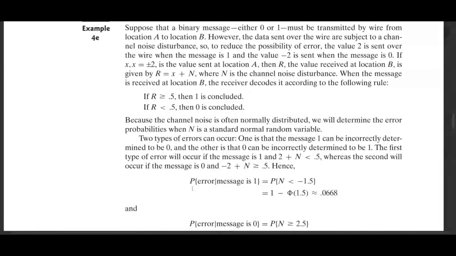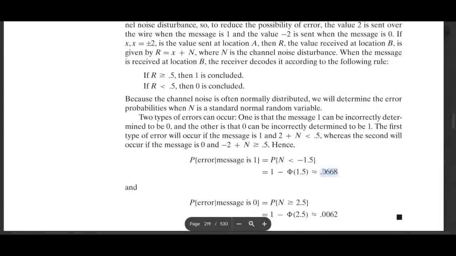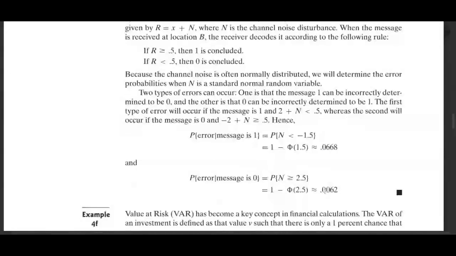Hence, the probability of error if the message is 1 is the probability of n less than -1.5. Subtract 2 from both sides, that's n less than negative 1.5, which is 1 minus the value for 1.5, about 0.668%.